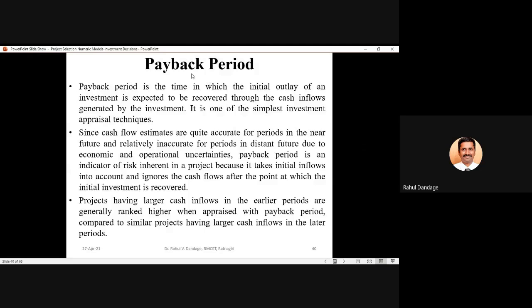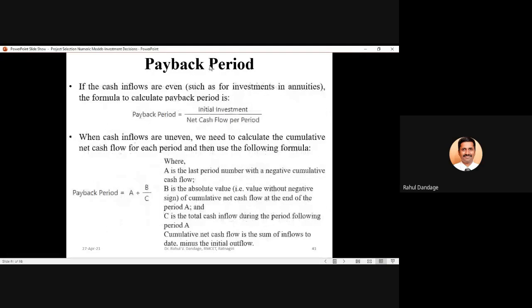So that is the ultimate calculation we have to take into account. If the cash flows are even, that is, the cash flows are uniform for all the periods under consideration, we can say payback period is equal to initial investment divided by net cash flow per period. So simply we can calculate this.